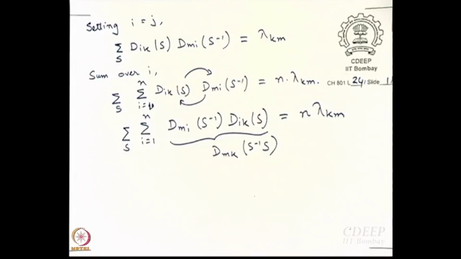What is S inverse S? You see. So, sum over S, sum over i equal to 1 to n, d_mk(E) equal to n lambda km.